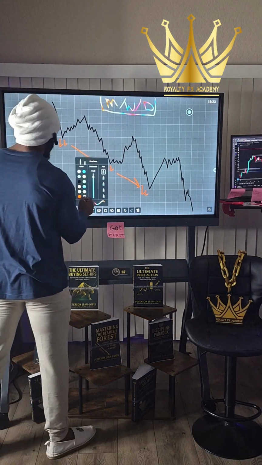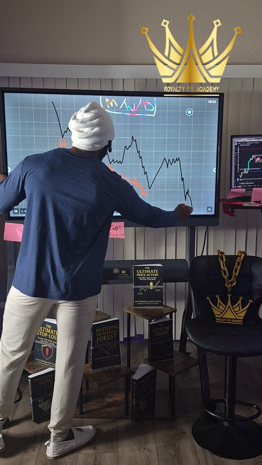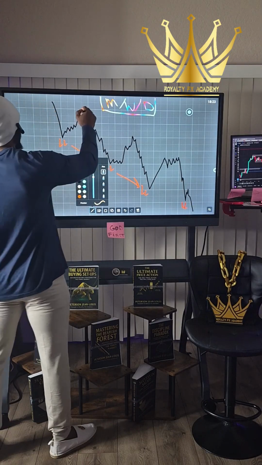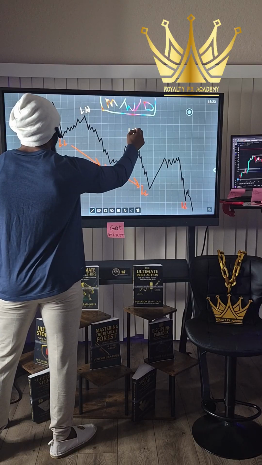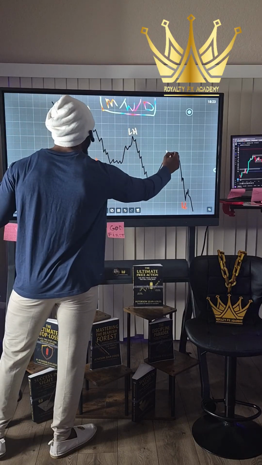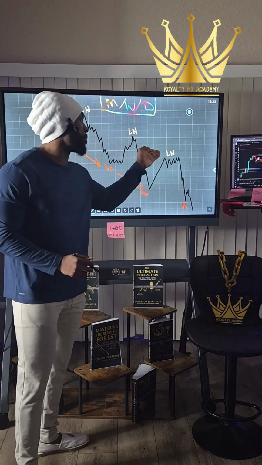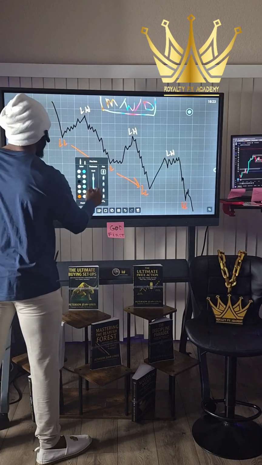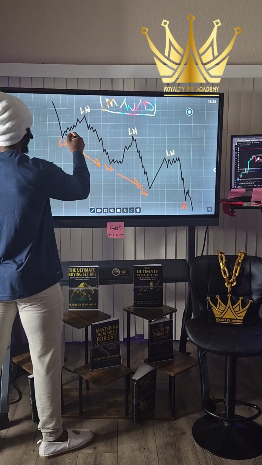Now, back to this, where each low is lower than the previous low. Now, these right here are lower highs. If you pay attention, each high is lower than the previous high. Now, we know the market gives us a lot of small infrastructure in between.